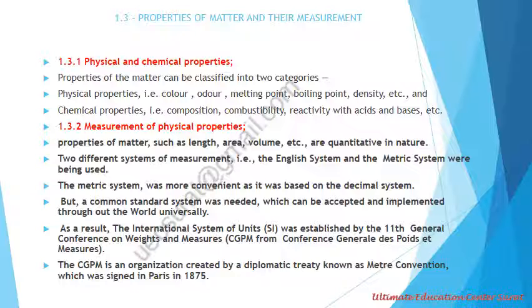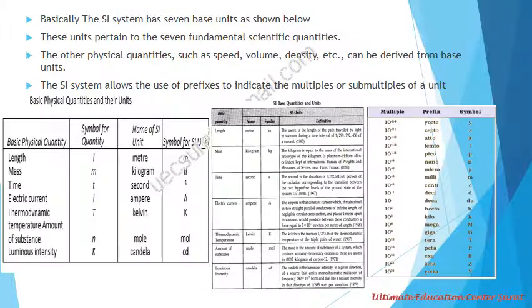The CGPM, short form of the above meeting, is an organization created by a diplomatic treaty known as the Metre Convention. This treaty was signed in Paris in 1875 and it was accepted throughout the world as the general unit for measurement.